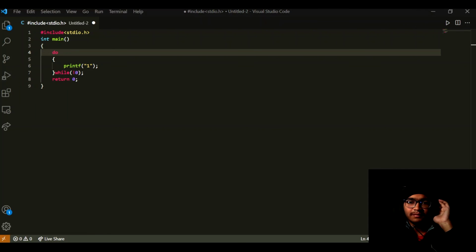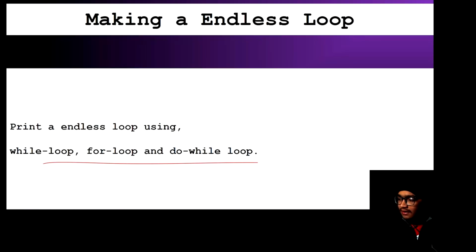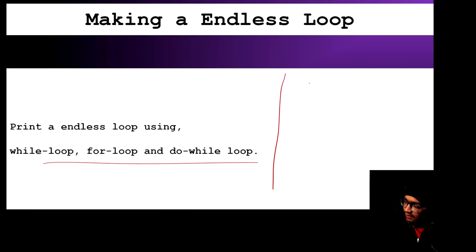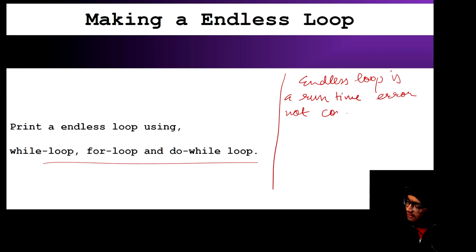So let's go to our theory part and see what we have next. Here I am writing that endless loop is a runtime error. That is, the error is coming when the code is running, runtime error, not compile time error.